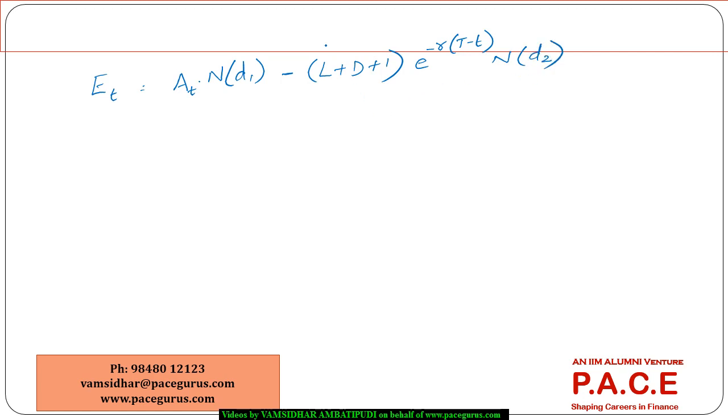This is the call option. Plus I have a short position in the call for D by D plus I times the asset, so D by D plus I times the current value of the asset at time t times N(d1).